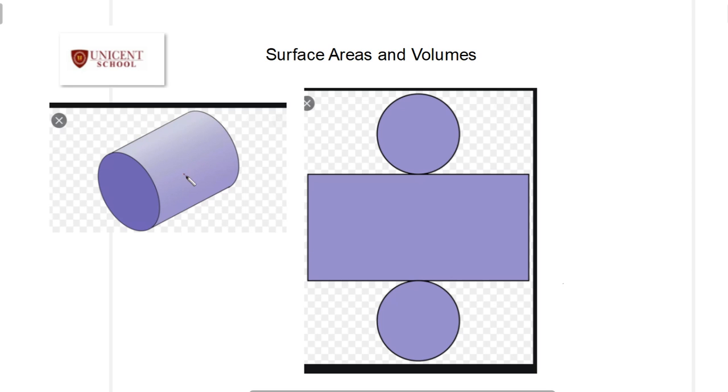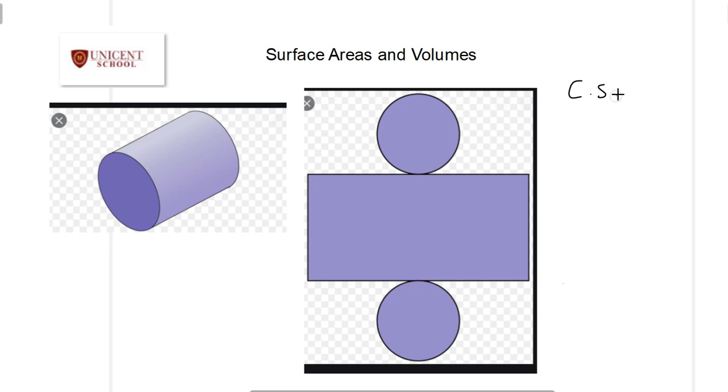Lateral surface area means, for example, if I take a piece of paper which is a rectangle, and just paste these edges, then I get a hollow cylinder. So the area of the paper is nothing but the curved surface area of a cylinder. So let us take the formula.